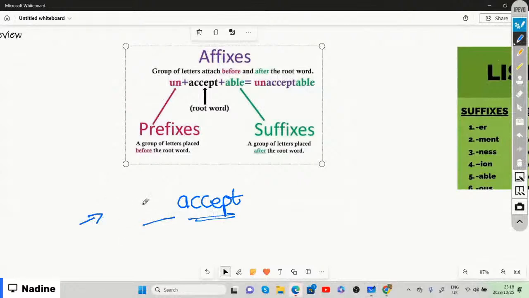So if we say unacceptable, the un is the prefix, and then we add able, which is the suffix. And then it changes the meaning of that word. So this becomes now unacceptable.